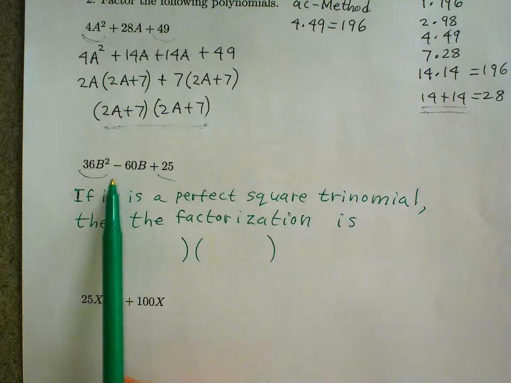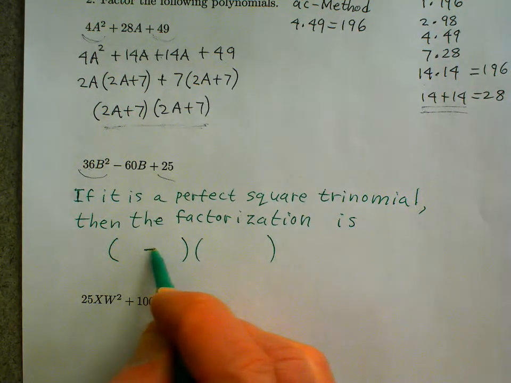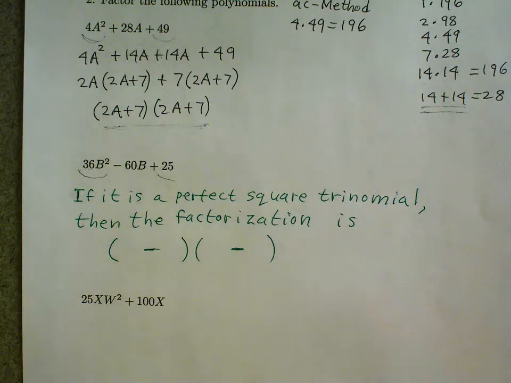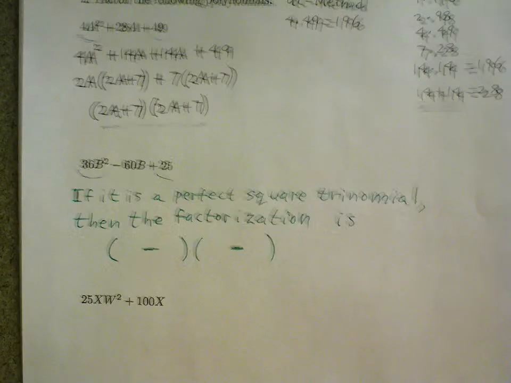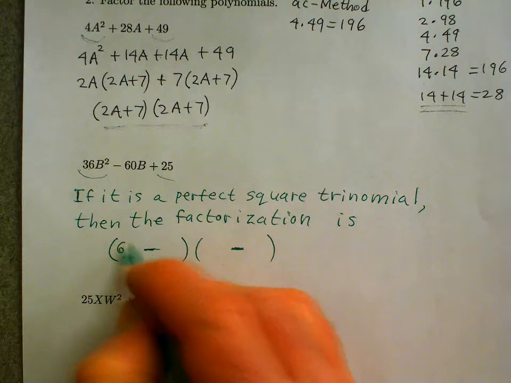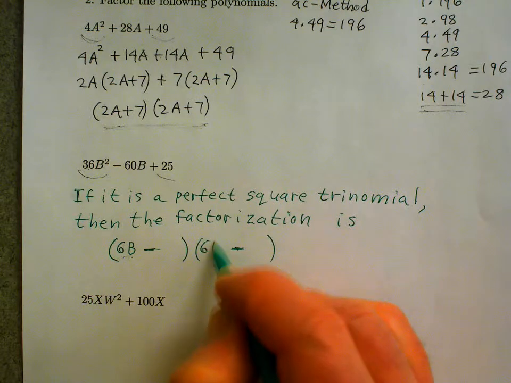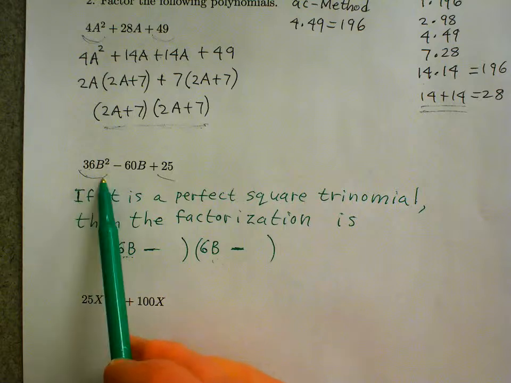Well, in the trinomial, we have minus plus, so the binomials have to both have minus signs. The term on the left of each of the two binomials is the square root of 36b to the second. If it's a perfect square trinomial, this term should be 6b, and this term should be 6b because 6b times 6b is 36b to the second.